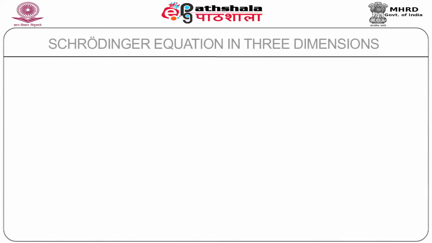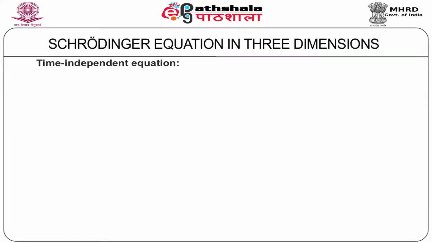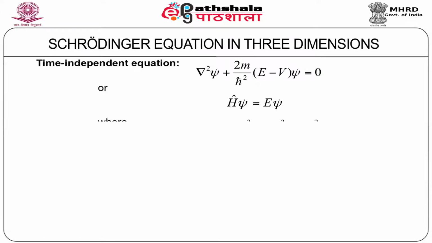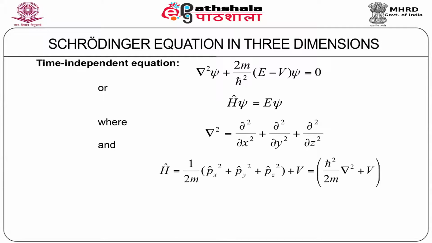And then let us come to the Schrodinger equation in 3 dimensions. Let us first talk about the time independent equation, because that's something more important for us. The way you have to generalize is that you replace d squared psi dx squared by del squared psi, where del squared is an operator which is d squared dx squared plus d squared dy squared plus d squared dz squared.